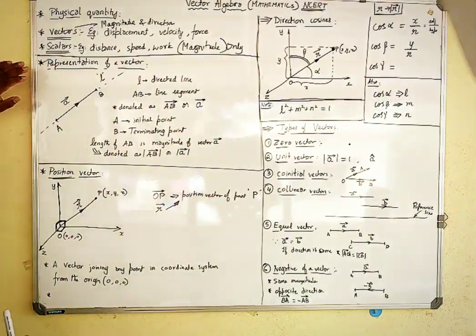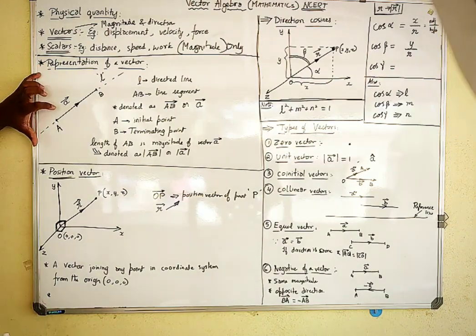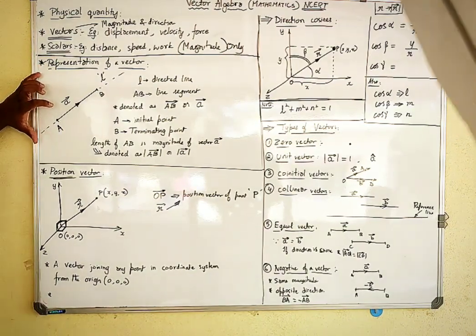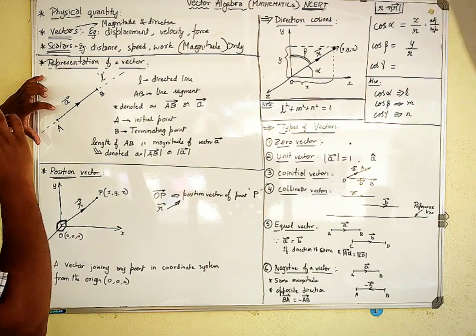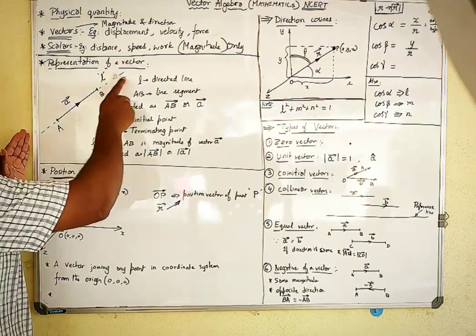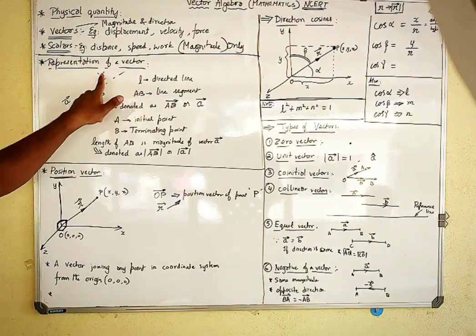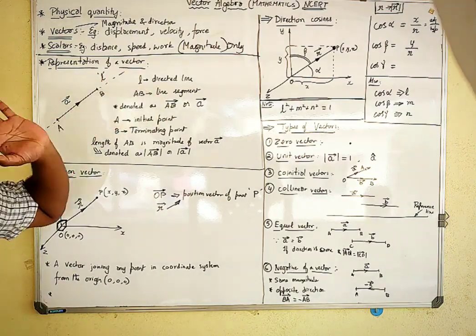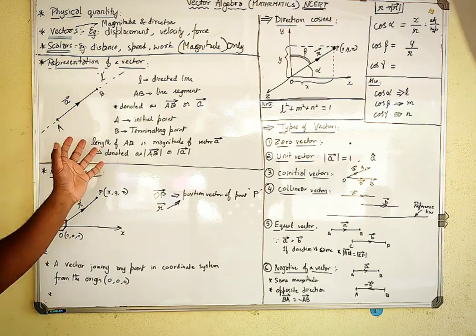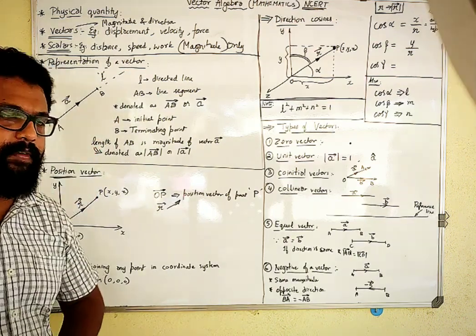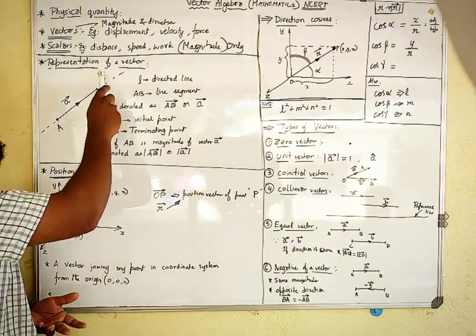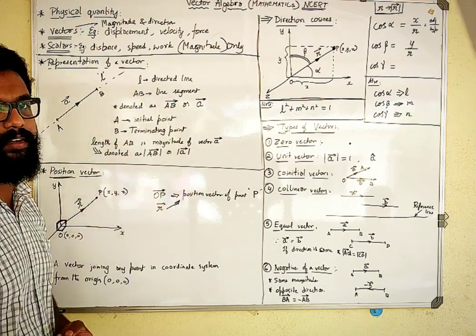Next, you need to understand how we represent a vector. For the representation of a vector, I will take a straight line, a random line, and I call that line L. L is a directed line. It's a straight line, an imaginary line you can think of, denoted as L, called a directed line.